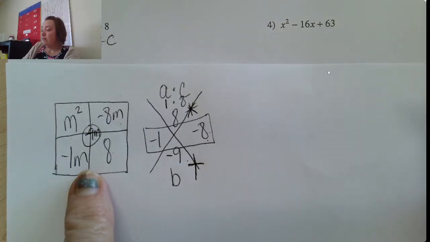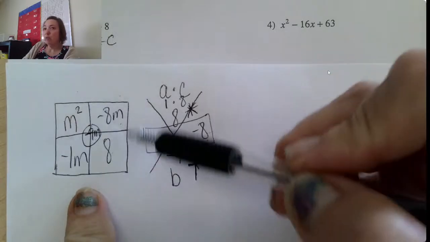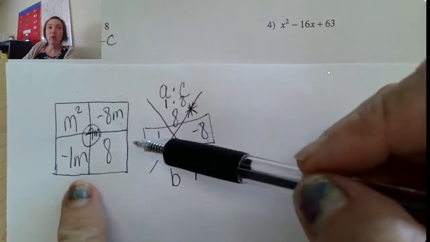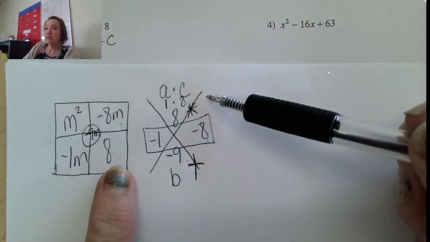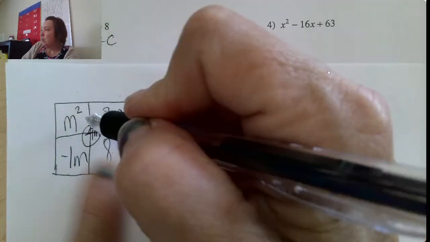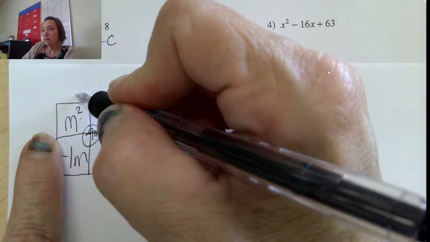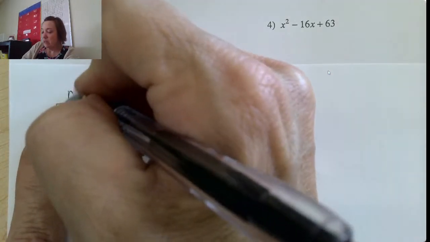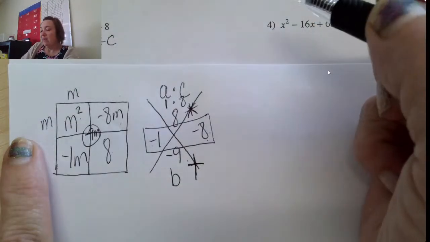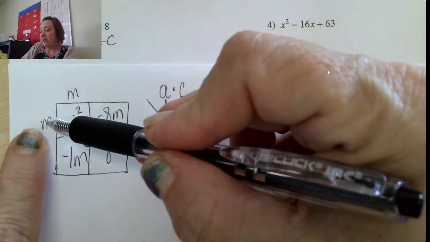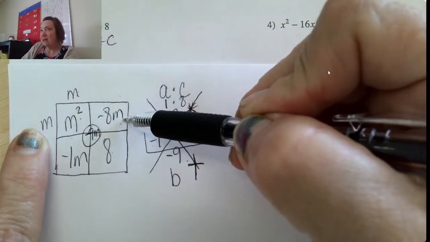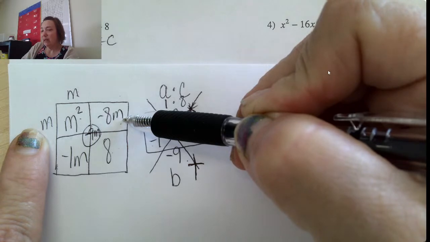So since we have figured out what all the answers are when we multiply, now we just need to figure out what we multiplied to get those answers. So we start off with our first box and we say, all right, what would we multiply to get m squared? M and m. So that's pretty simple, right? And then we go, okay, if I multiply m times something and I get negative 8m, what did I multiply m by?